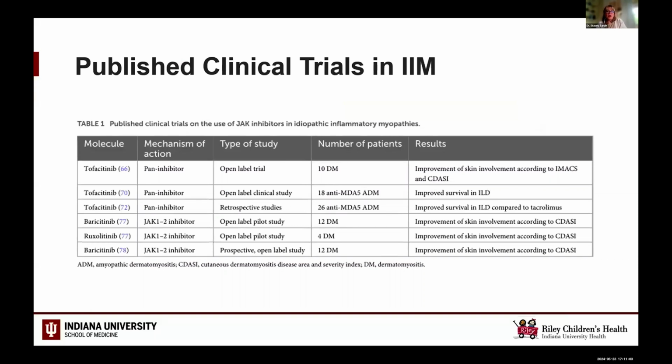This leads us to talk about the published clinical trials in the use of JAK inhibitors in IIM. In this article published by LaRocca and colleagues, the clinical trials are outlined as published by March of 2023. Improvements are highlighted in skin disease and interstitial lung disease. In summary, there have been 3 trials for tofacitinib, 2 for baricitinib, and 1 for ruxolitinib in adult DM, outlining these specific subtypes.